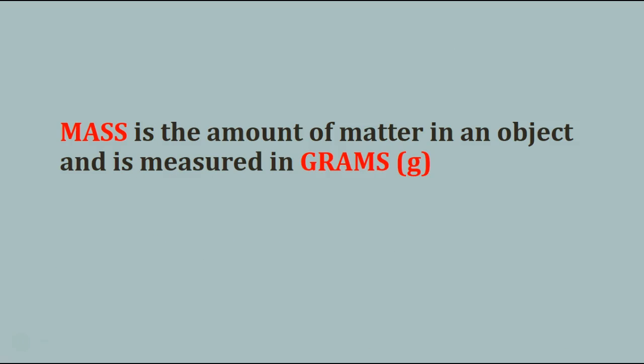And then recall from our previous unit that mass is the amount of matter in an object, and it's measured in grams. Remember our song, mass measured in grams or in kilograms. Remember that song, because it's going to tell you what we use to measure mass.